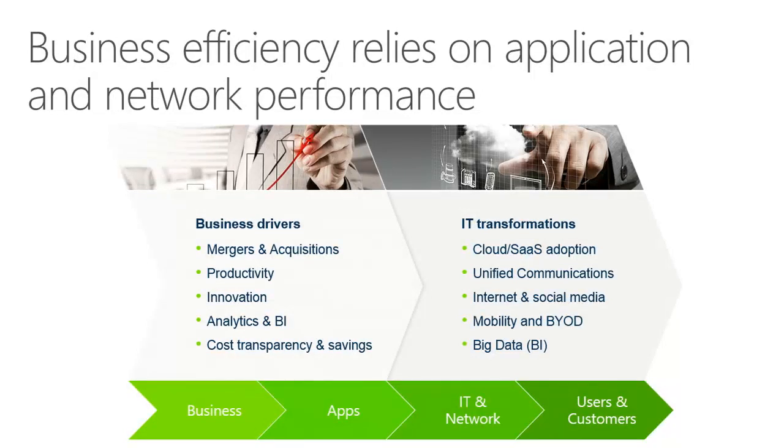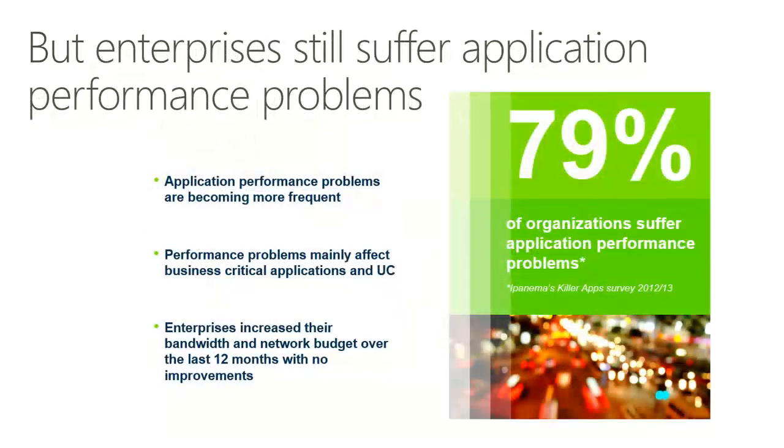So if we actually drill into the figures, it's quite surprising to find in a survey we ran last year that 79% of CIOs have found out that organizations suffer from application performance problems. That's a lot of people who are struggling to manage their networked environments. Problems are, perhaps unsurprisingly, increasing in frequency. And of course, they tend to affect key services disproportionately for a variety of reasons.